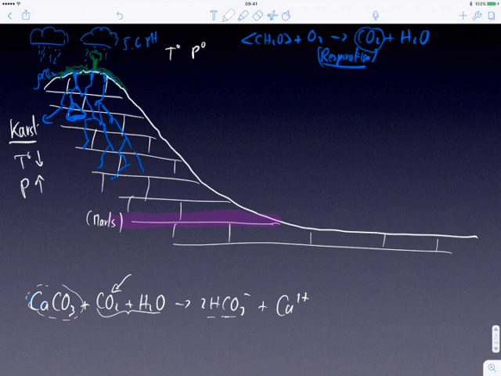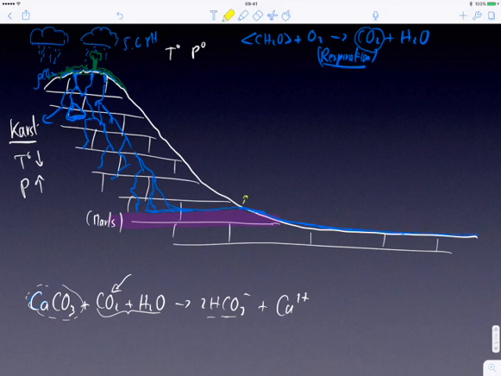So the water will reach this level after dissolving things here and not go through it, because this is not going to be dissolved by the water. Clay minerals are not sensitive to this acidity. So the water will follow these impermeable layers and flow and come out, forming a spring.